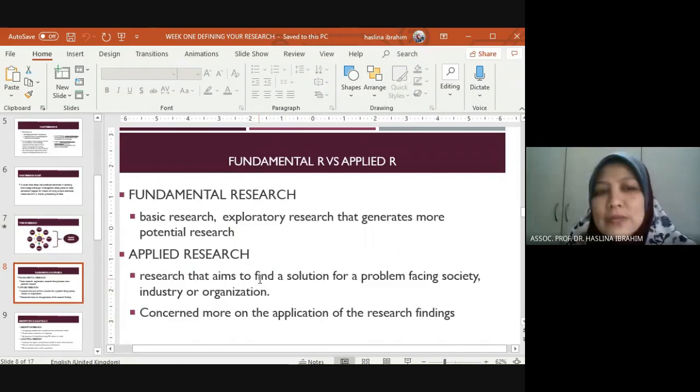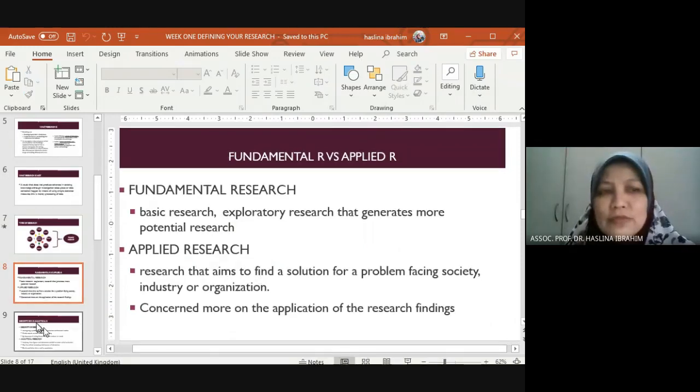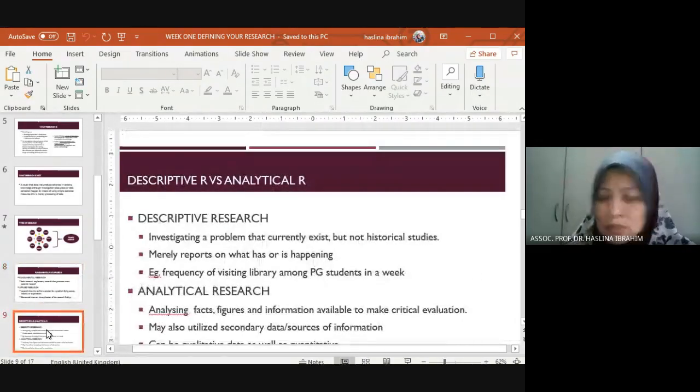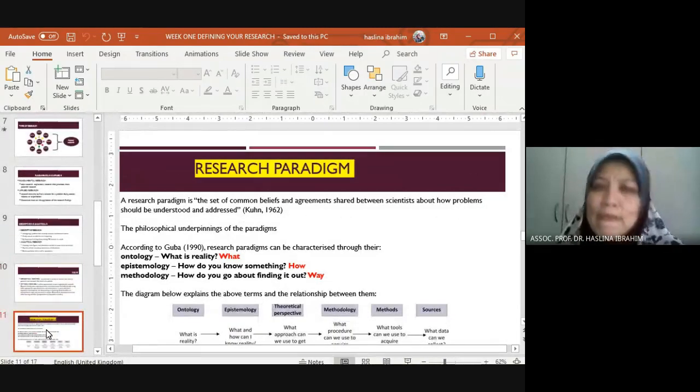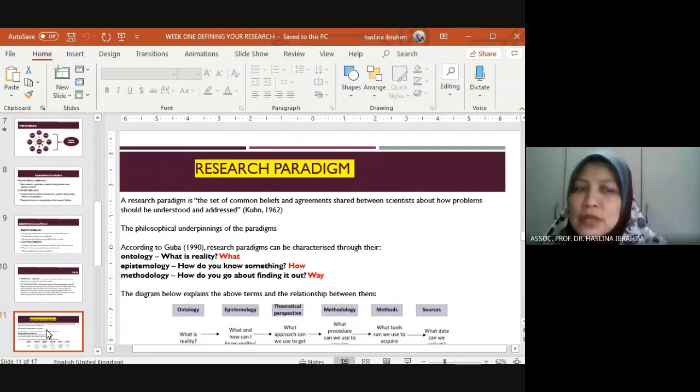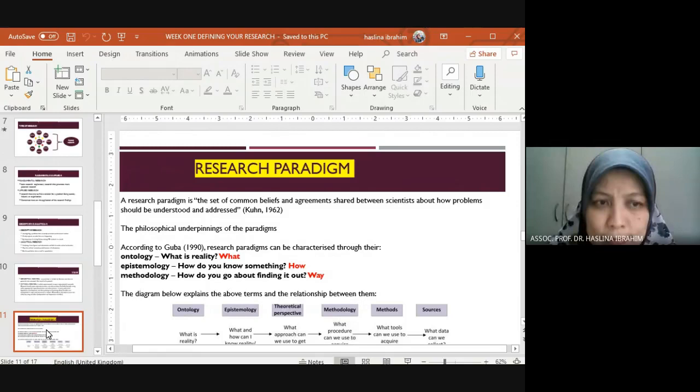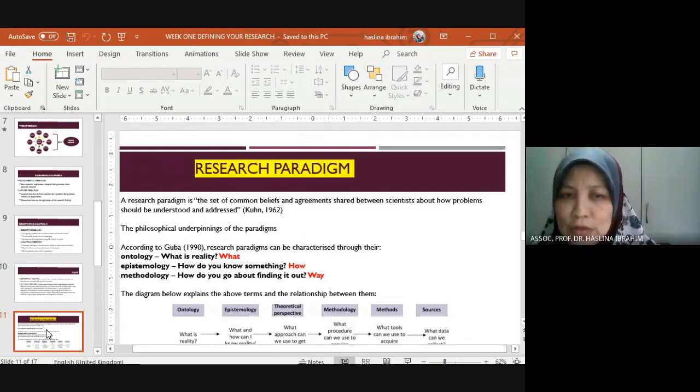Alright, so basically I have simplified what I've explained just now in these slides. Do you have any questions with regard to the types just now? I take it that you don't have questions yet.